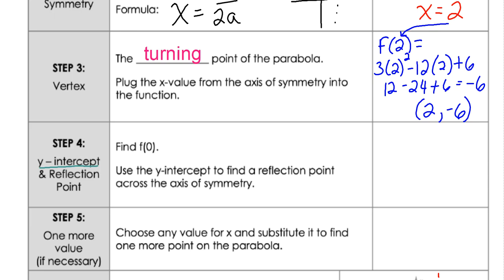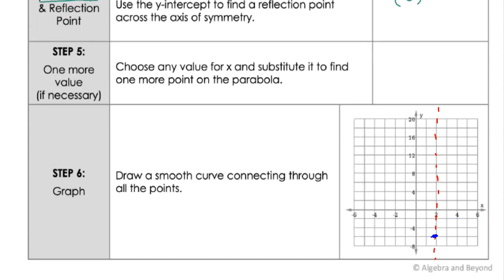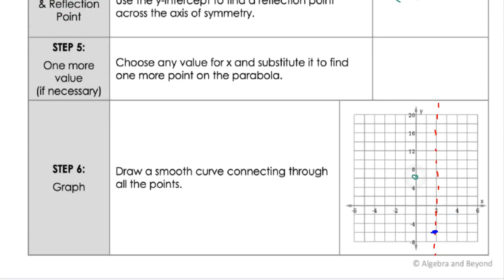Once we have f of 0, we'll be able to find a couple more points on my graph. When I plug in f of 0, remember that's always just the c value. And in our case, the c value is 6. So that means that our y-intercept is at 0, 6. So I'm going to come down here to my graph, go to 0, 6, and put my y-intercept.